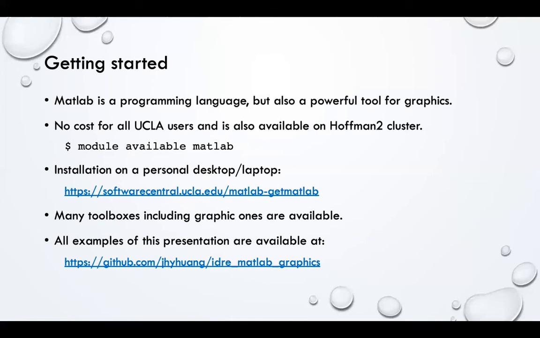But here I want to mention that Matlab requires a lot of virtual memory when you launch it interactively. So when you do the QRSH, please request a little larger memory, like 16 gigabytes or even 32, especially for the later versions of Matlab. You can find more information on the Hopin2 website.